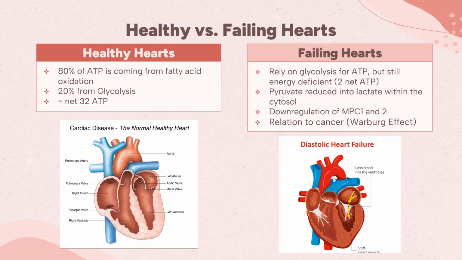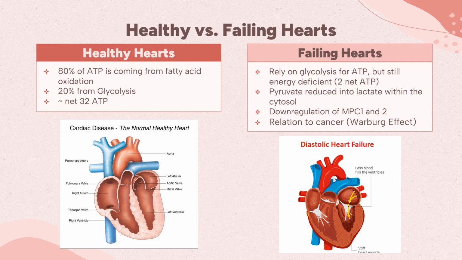Here we have 2 different types of hearts. A healthy heart is going to have 80% of its ATP coming from fatty acid oxidation, and then 20% coming from glycolysis, so this gives it around 32 ATP.